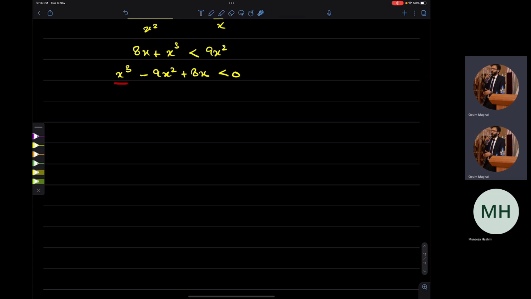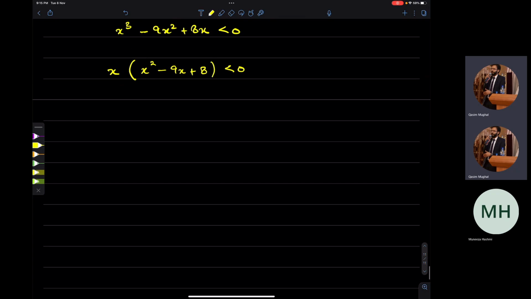If you look carefully, you can take x as common from the entire thing, isn't it? Yes. So x I've taken as common, and I have x squared minus 9x plus 8, and that is less than 0. Now I'm going to factorize this one further. The product should be 8x squared, and the sum should be minus 9x.